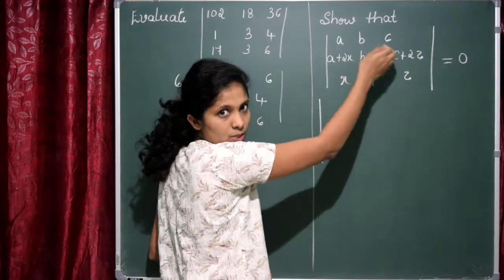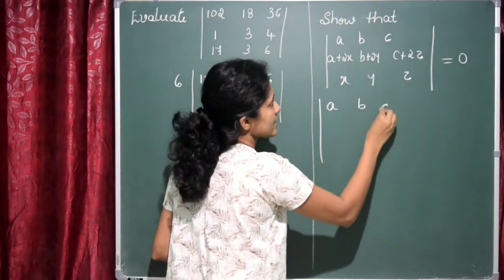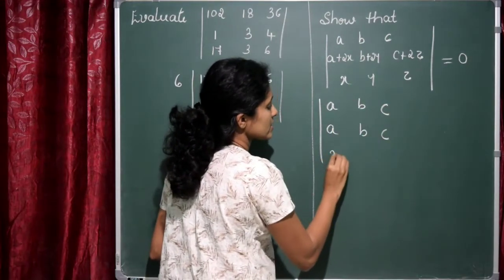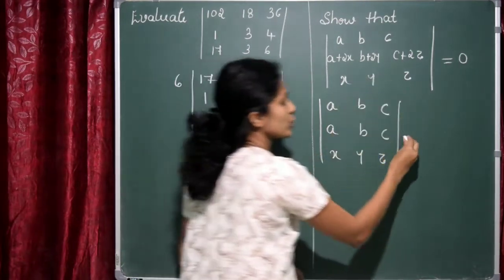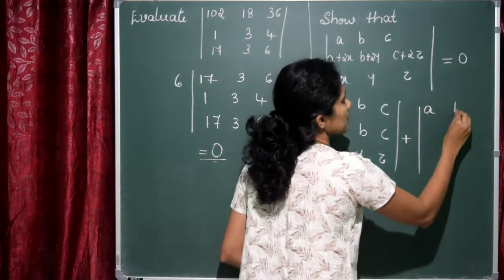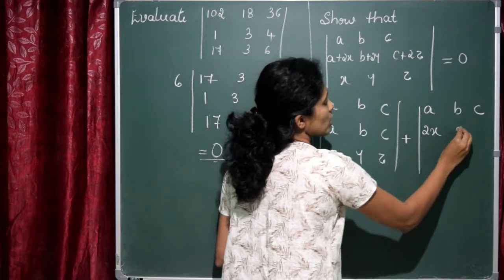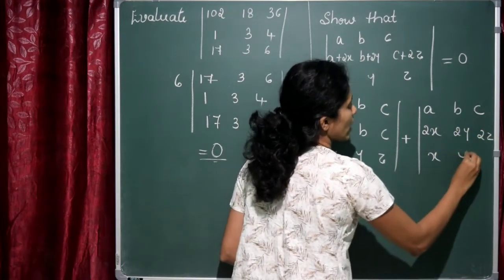You can write this as 2 determinants: this is a, b and c, this is again a, b and c, and this is x, y, z. A sum of the values can be written as a sum of 2 determinants. Plus, next will be a, b and c, then this is now 2x, 2y and 2z, and this is x, y, z.